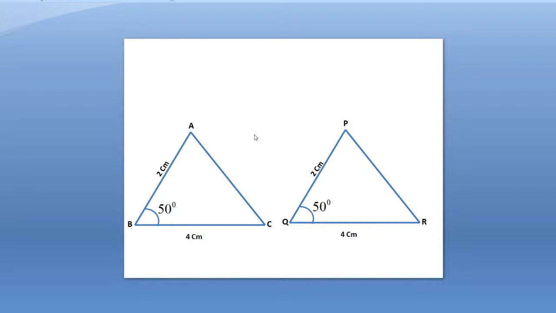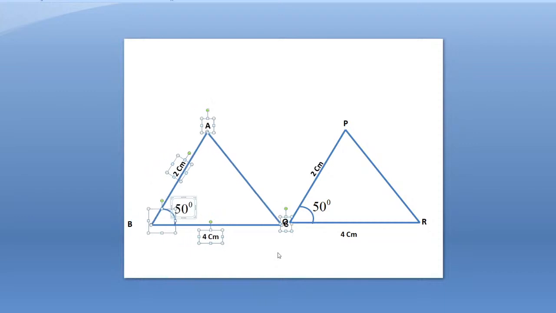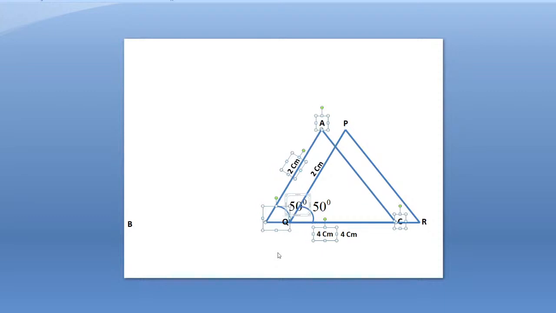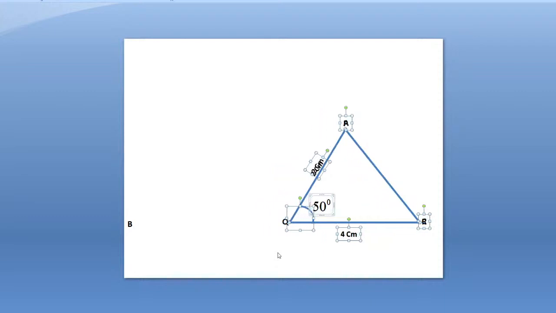Now see what happens. So you can see that these both triangles are congruent.